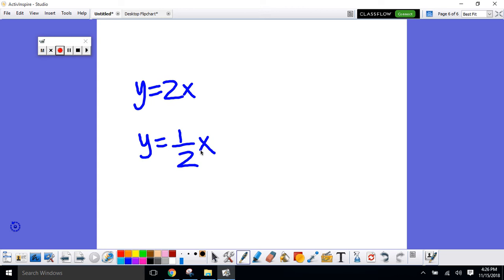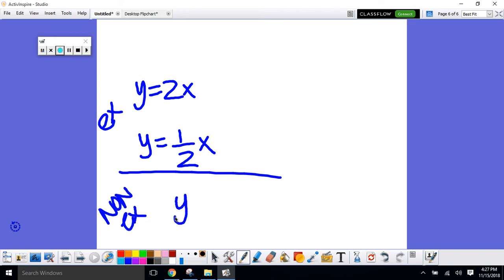Okay, a non-example would be something like y equals 2x plus 1, because it has a y-intercept. Okay, and it's not varying directly. You're adding a 1 after you use your slope of 2.